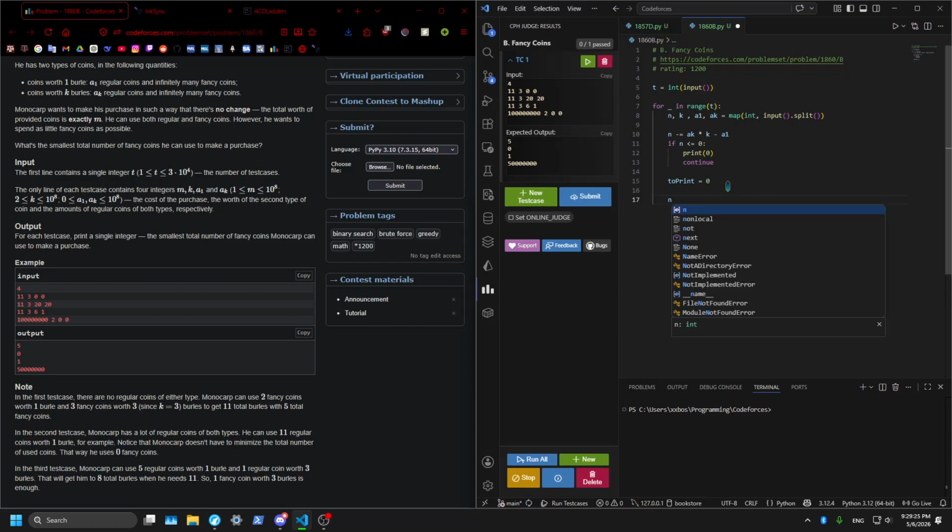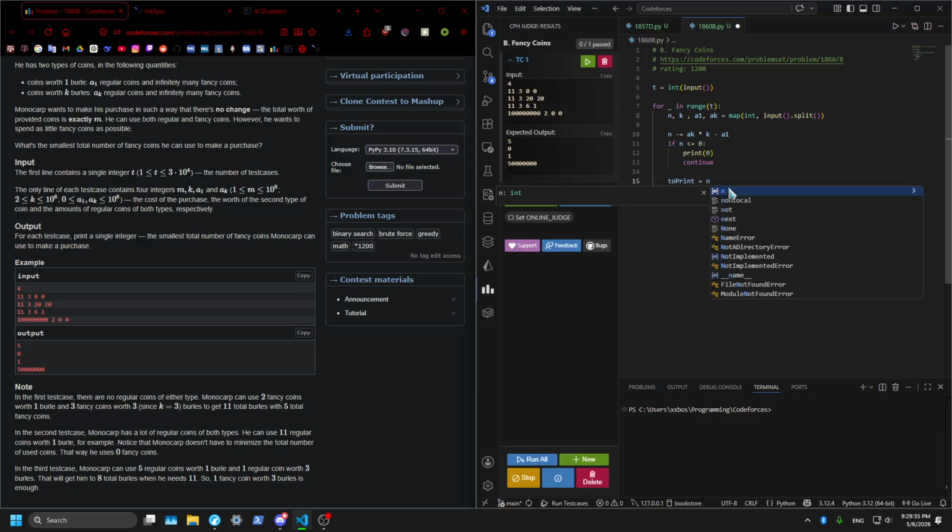We greedily use AK coins. N equals N divided by AK.